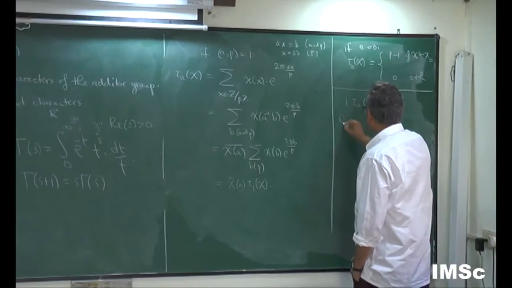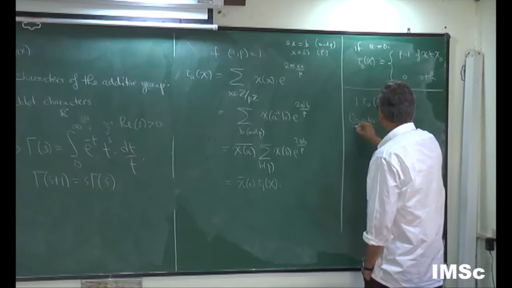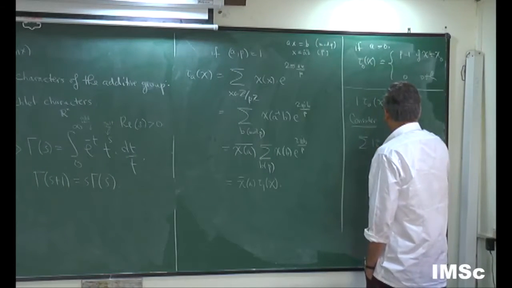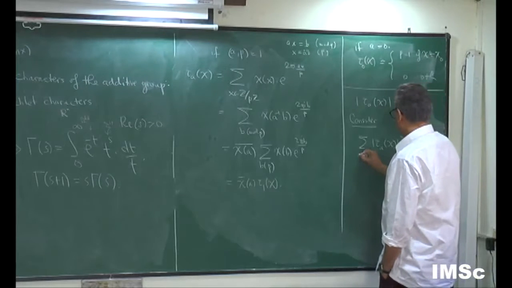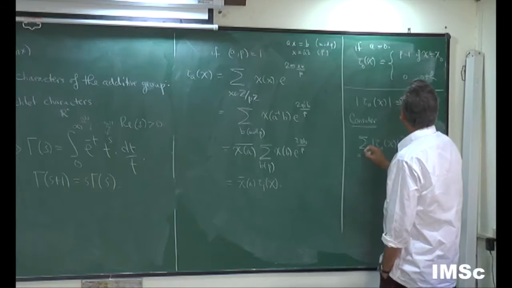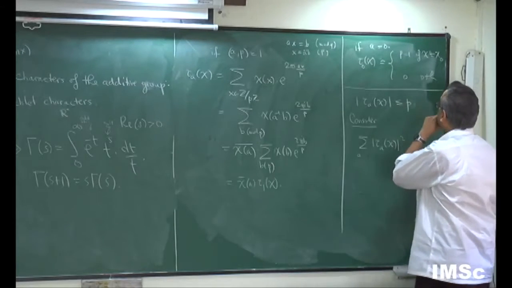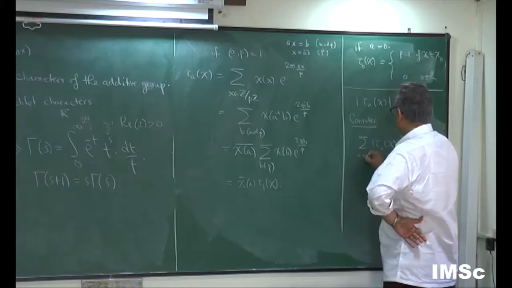Well, consider the summation of the modulus of tau sub a of chi squared, where I sum over all the a's not 0.